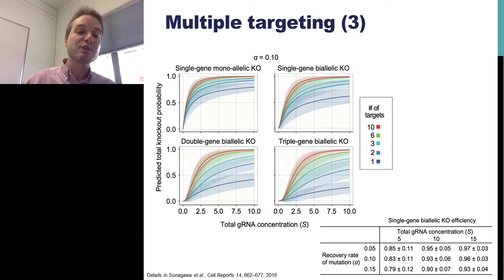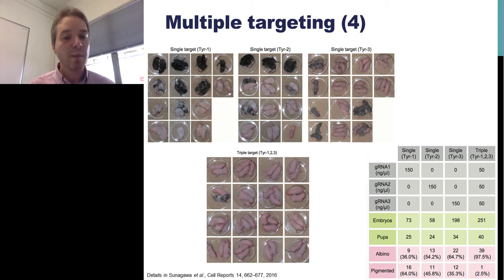If you use 3 instead of 2, it gets better again. But then at some point, if you use 25 guides instead of 24, there's not that much of a difference. And so the idea is to have some balance, we need something practical. So the value we settled on was to use 3 targets, so to use triple targeting. So that's what we tried.